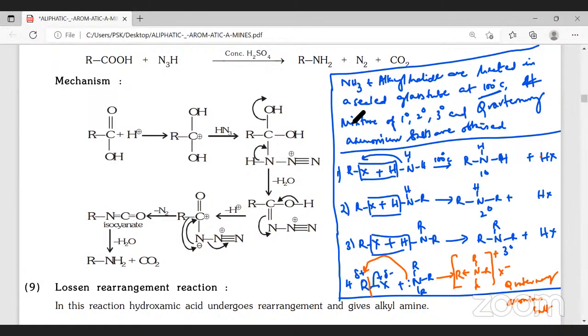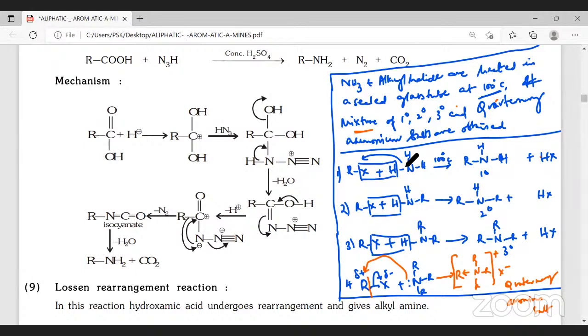The statement is: when ammonia and alkyl halide are heated in a sealed glass tube at 100 degrees, a mixture of primary, secondary, tertiary, and quaternary ammonium salts is obtained. This reaction is one of the methods used to differentiate between primary, secondary, and tertiary amines.